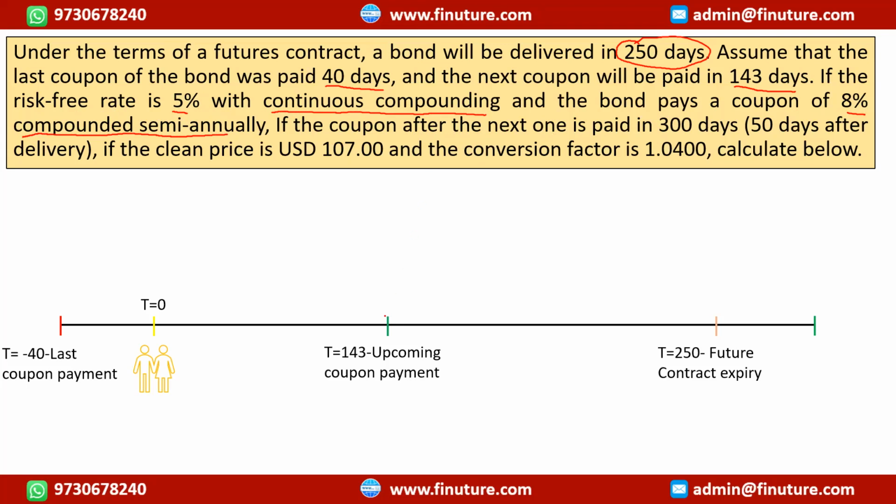What this line means is that after this coupon payment is made, the next coupon is paid in 300 days, 50 days after the delivery. At this point, delivery of the bond will happen. After 50 days, there will be a coupon payment, the next coupon payment after 50 days of future delivery.